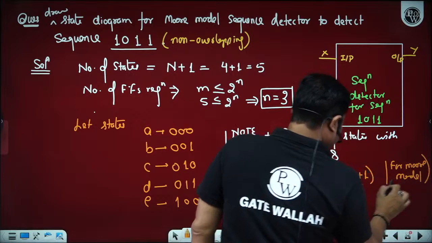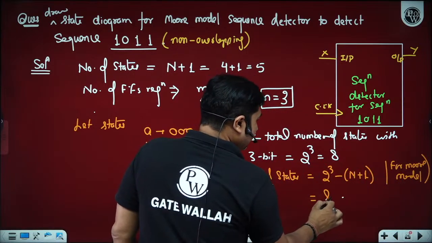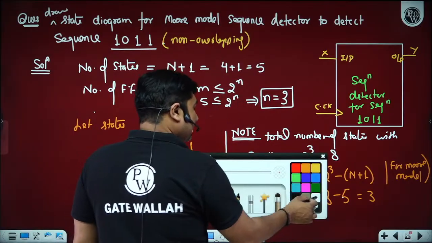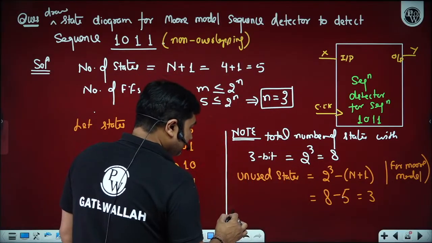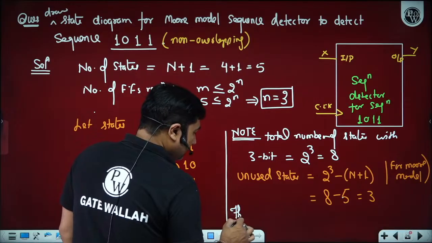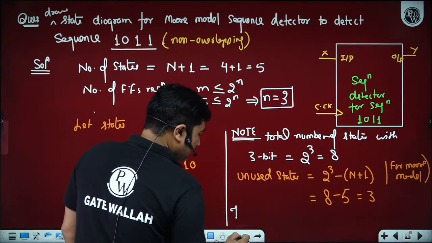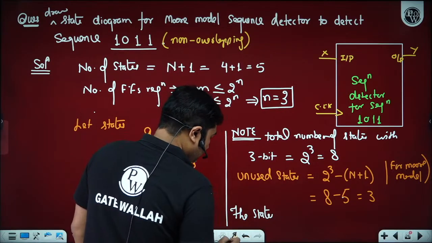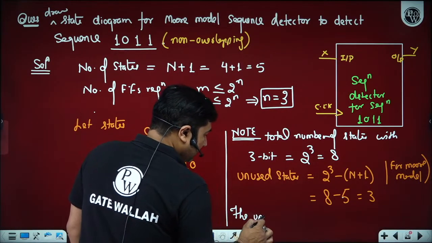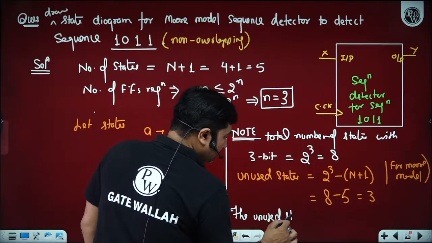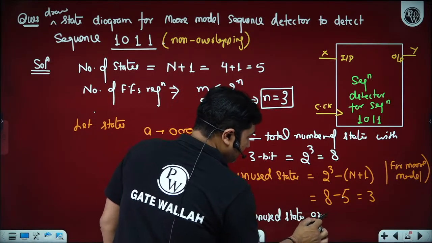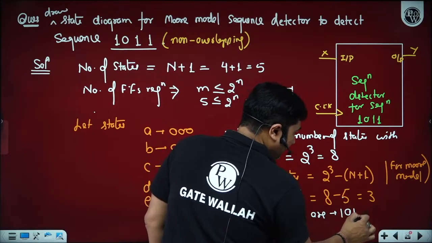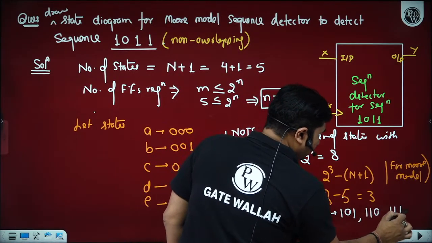So we have 8 minus 5, that is 3. These 3 states are considered don't care while designing. The unused states are 101, 110 and 111.